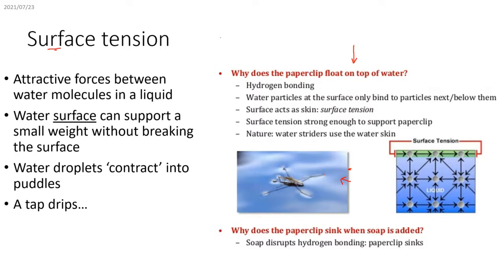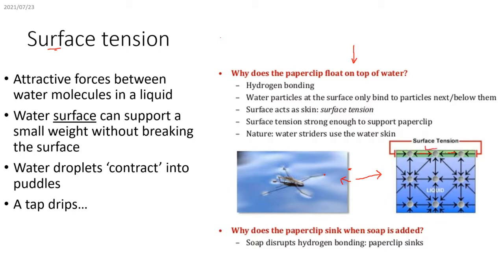Firstly, they actually have something non-polar on their feet that repels against the water. But the idea that I'm coming to in the slide is about surface tension, and surface tension is nicely shown by this picture on the right. So we know that water molecules have an attraction between each other. That is hydrogen bonding. Now that attraction is so strong that it's actually able to hold the surface of the water together.